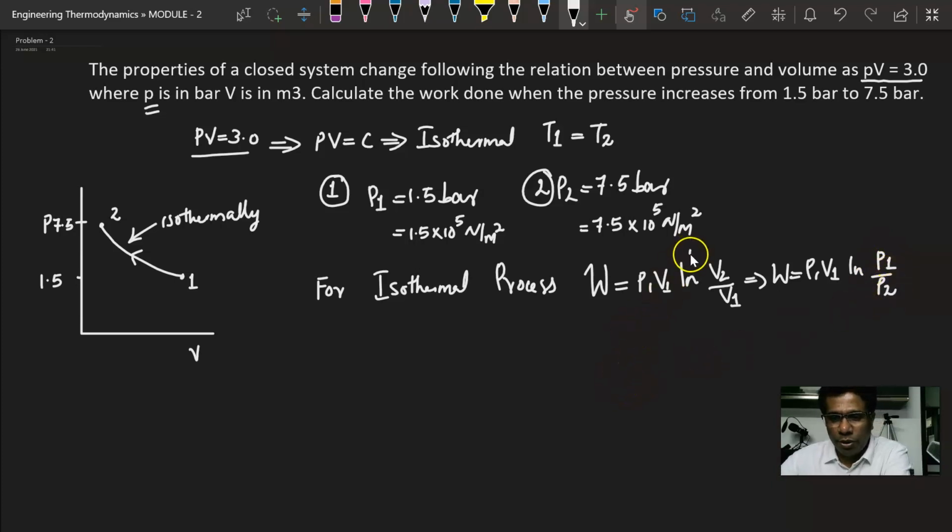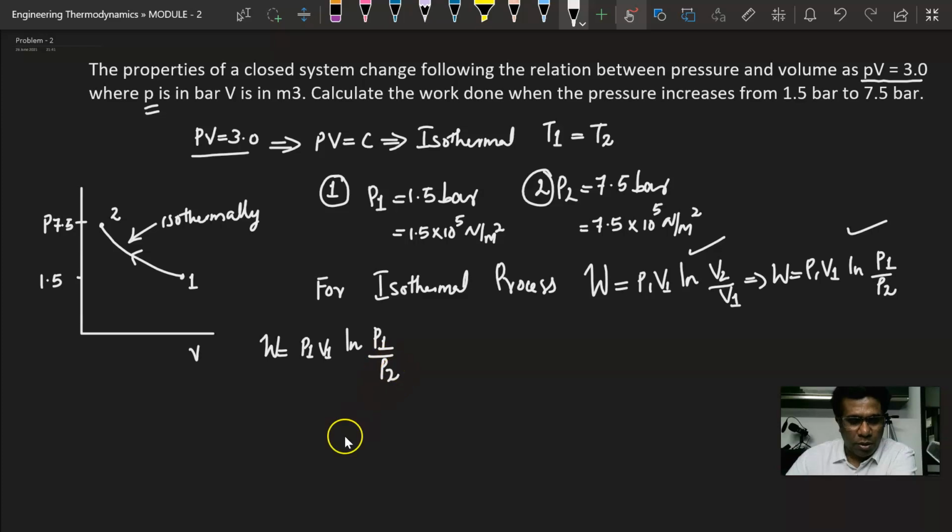We have two equations, and if you look at the terms which are given in the problem, I think this equation will be better suited. So I'll be taking the equation W is equal to P1 V1 ln P1 by P2.